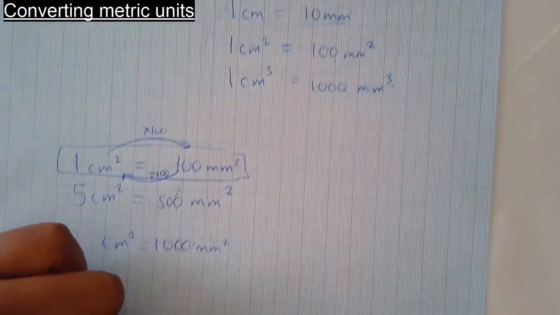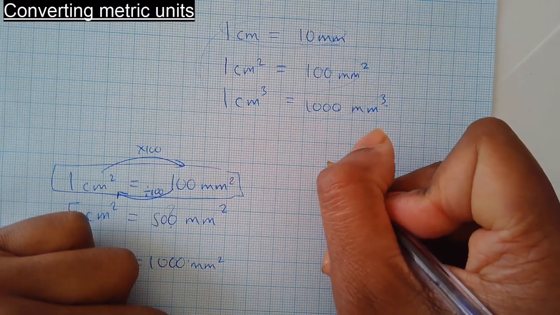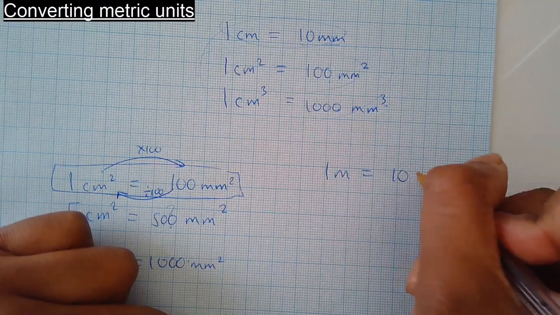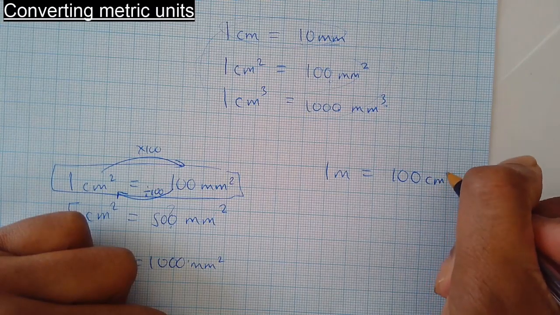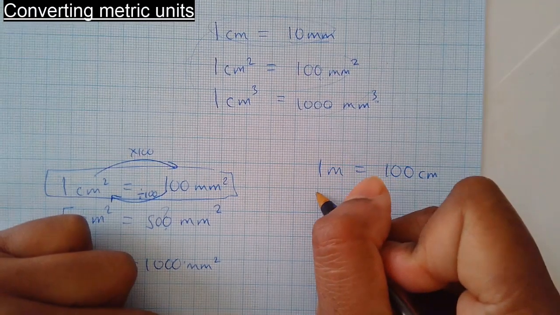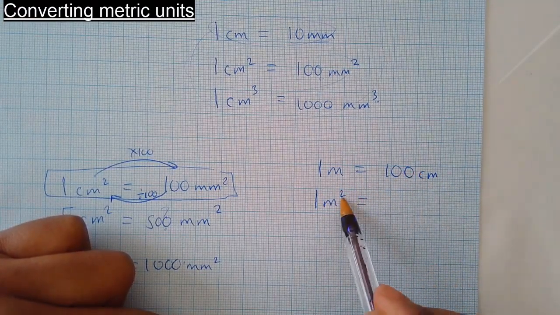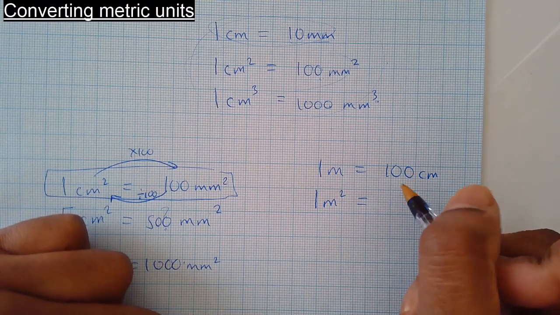I mean, let's suppose we had 1 meter is the same as 100 centimeters. So what about area, 1 meter squared? Will you do 100 squared? 100 squared means 100 times 100.